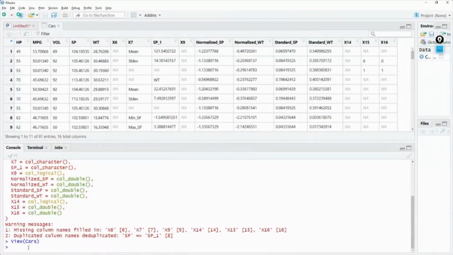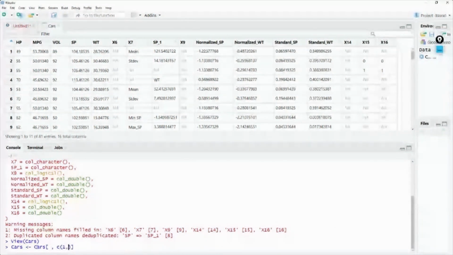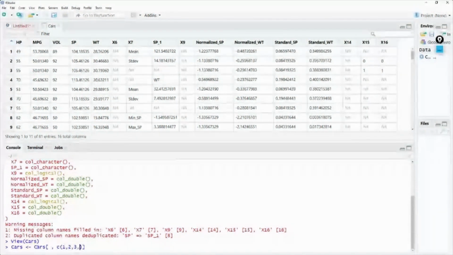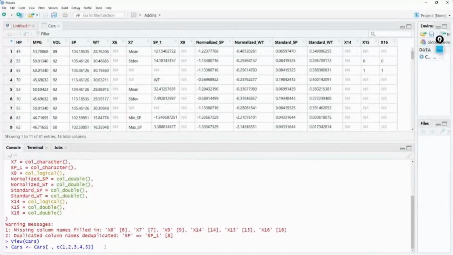So what I can do is go to this cars object and assign to it, from the cars dataset, all the rows and columns 1, 2, 3, 4, and 5.